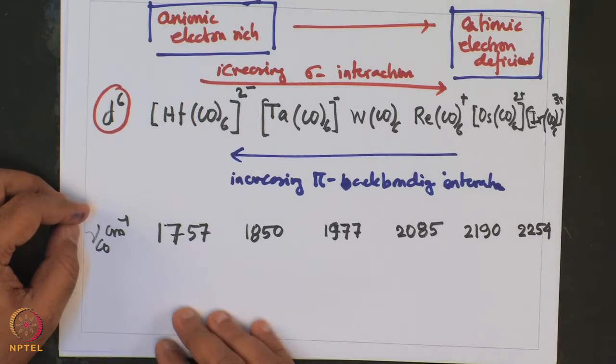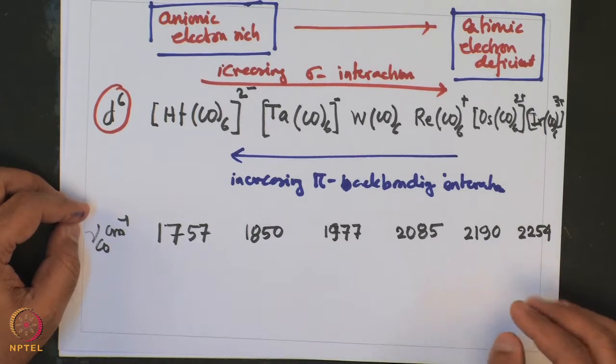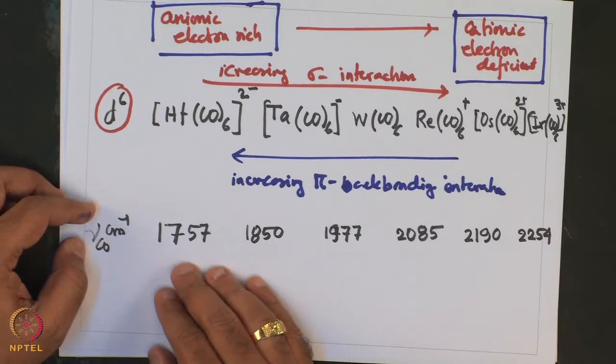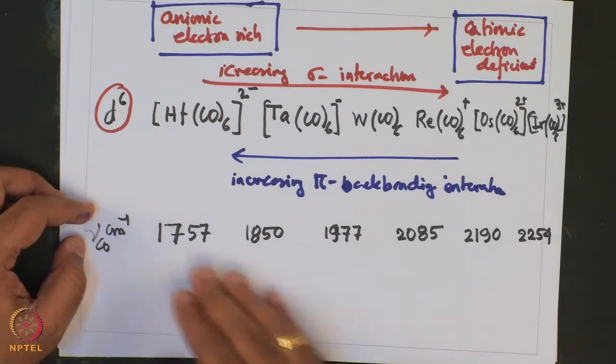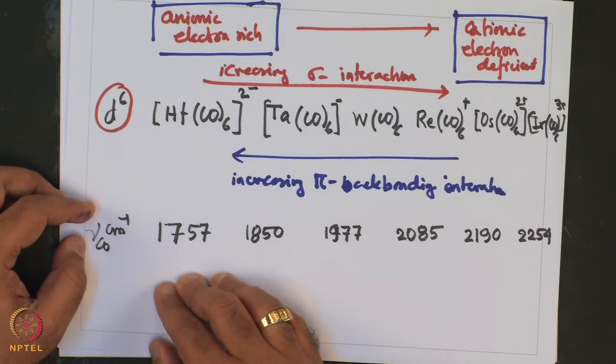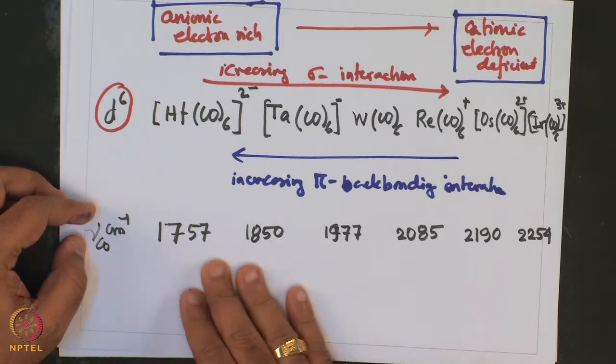What is observed is that the more electron deficient metal center cannot undergo pi back donation. As a result, the CO stretching frequency is the maximum, and an electron rich metal center which can undergo pi back donation will lead to weakening of the CO bond order, followed by lowering of CO stretching frequency.